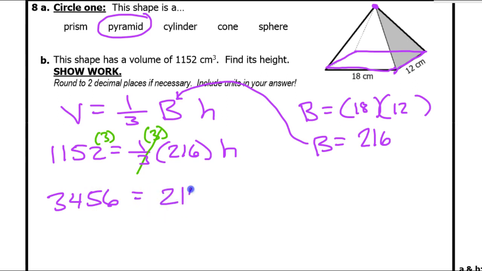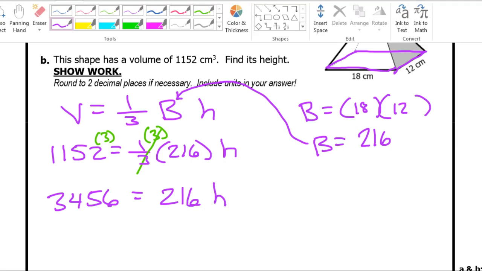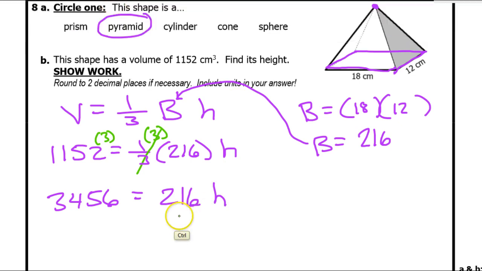Is equal to 216 h, the height. And then to get the height by itself, all I need to do is divide both sides by 216, because these will cancel out and leave h by itself.